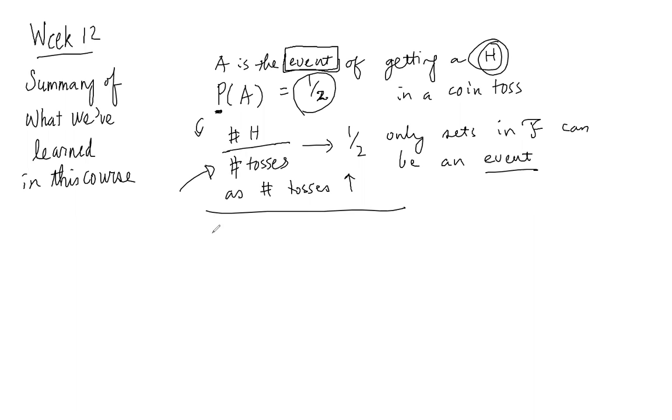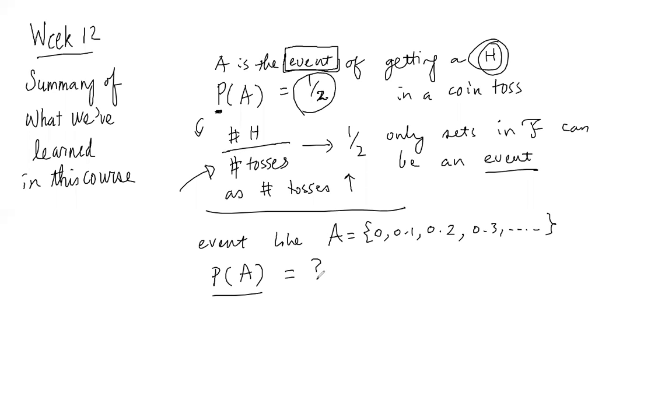For example, you have some event, like maybe A is equal to a set of values like this. Then you want to ask probabilities like this, and it becomes very difficult to go to this kind of explanation, right?